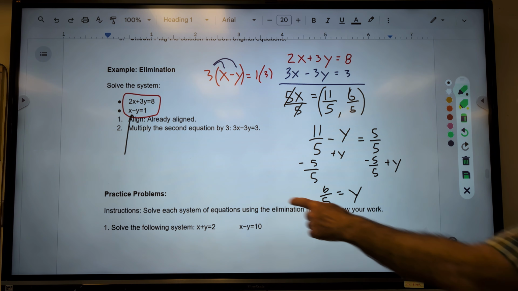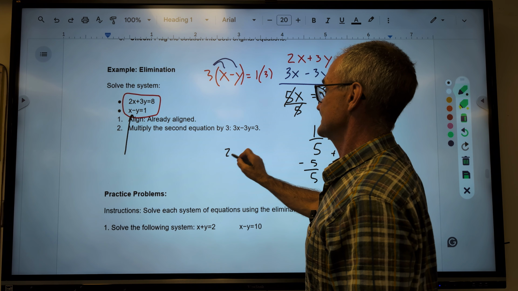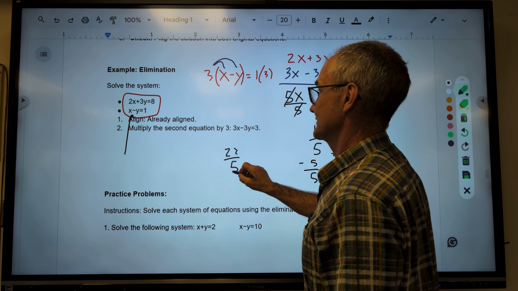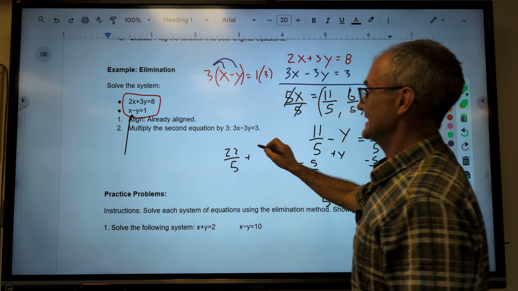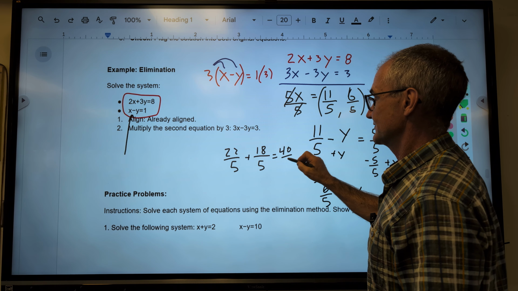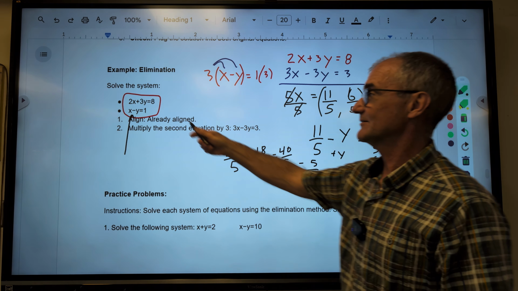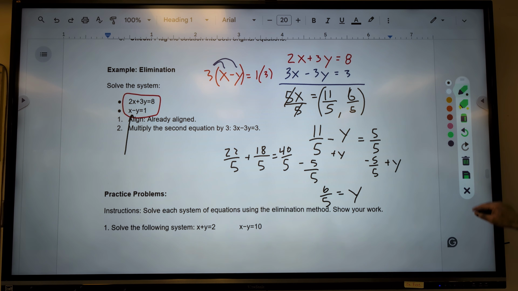In the second equation, I plug 11/5 in there to get 22/5 plus 3 times 6, 18/5. Add across the top, that's going to give me 40/5. 40 divided by 5 is 8. So I can see that one works in both equations.